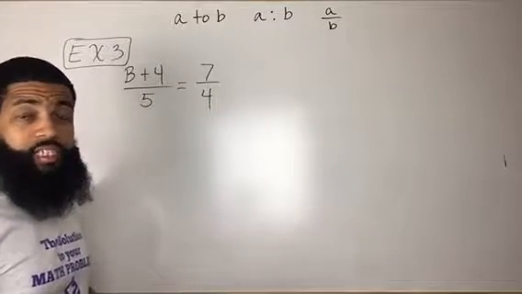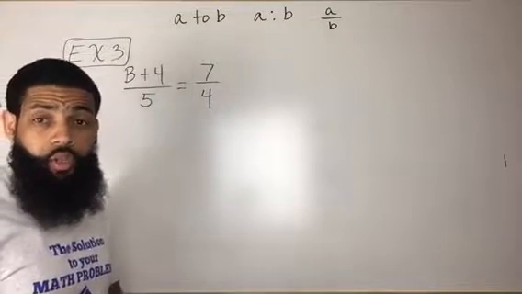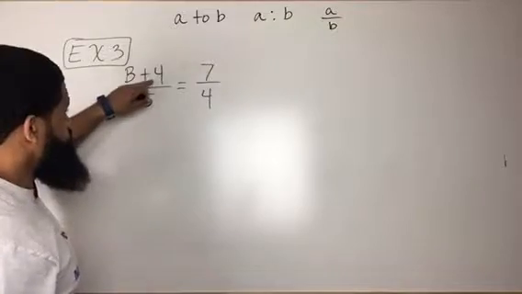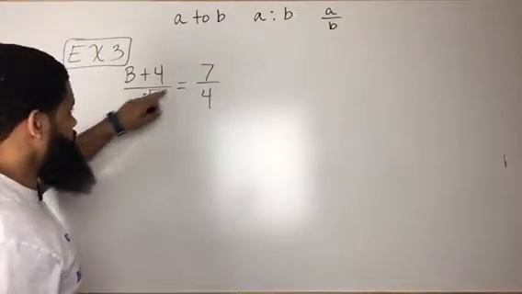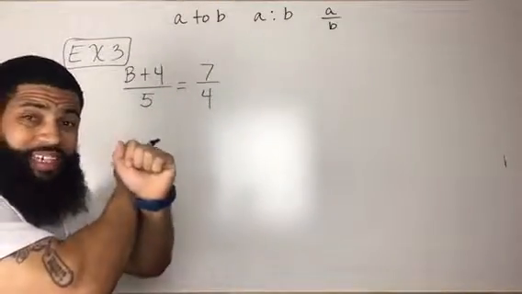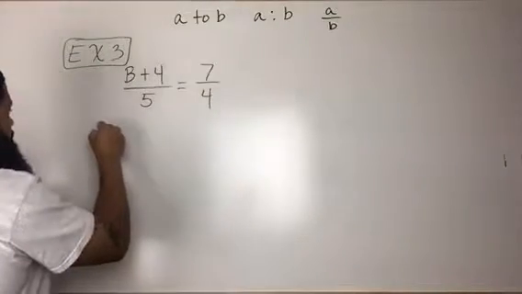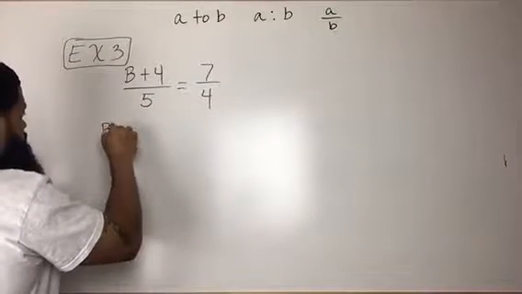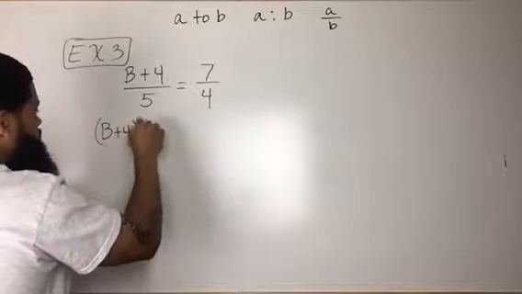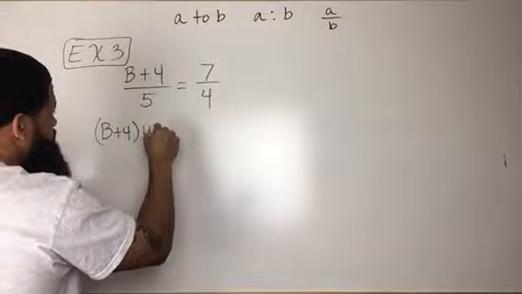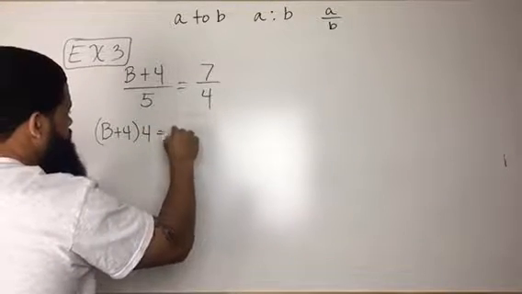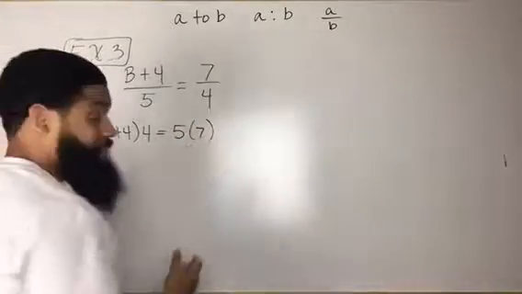In this case, I'm still going to use a cross product. Remember, numerator times denominator, denominator times numerator. We're multiplying diagonally. So I have b plus 4, I'm going to put that in parentheses, times 4, and I'm going to make that equal to 5 times 7.